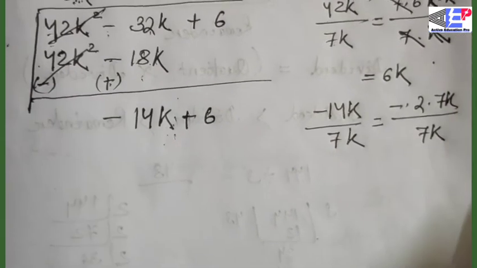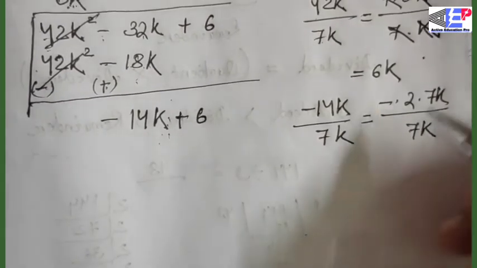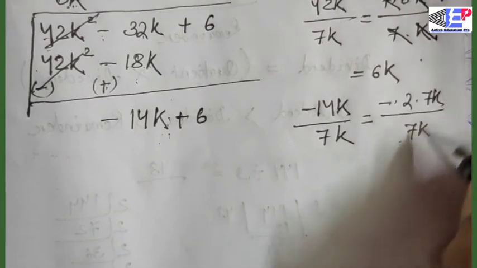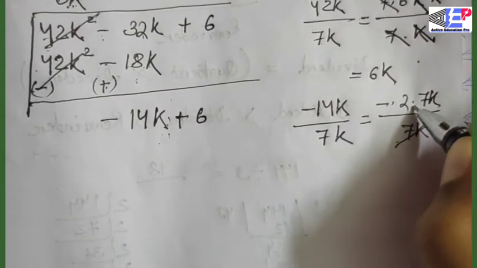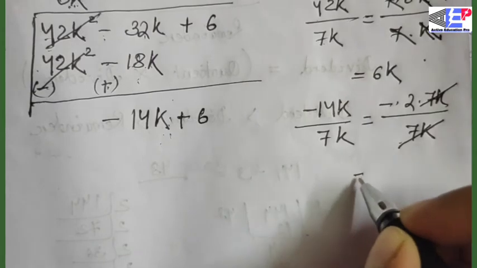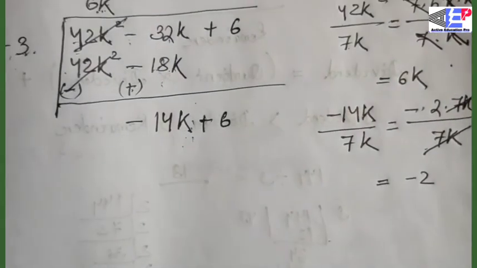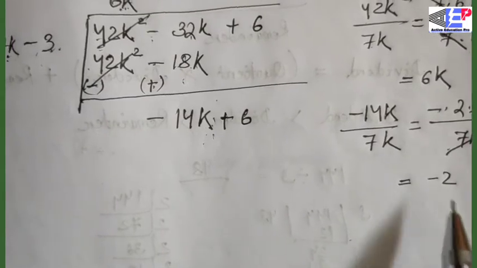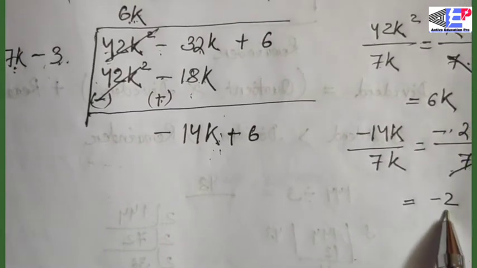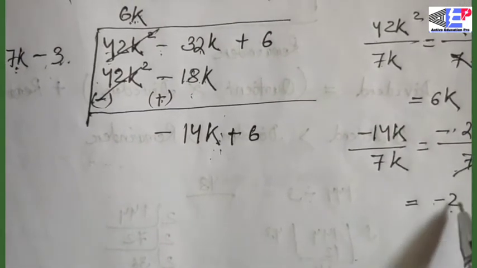Okay. Then as per multiplication rule, cancel the numerator and denominator. 7k cancel. The remaining answer will be minus 2, the division answer of minus 14k by 7k. And write the same value in the quotient, minus 2.